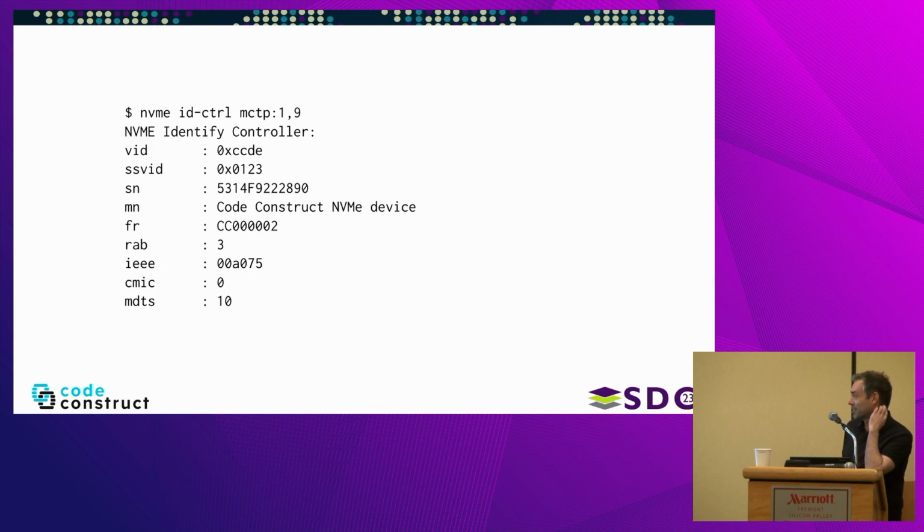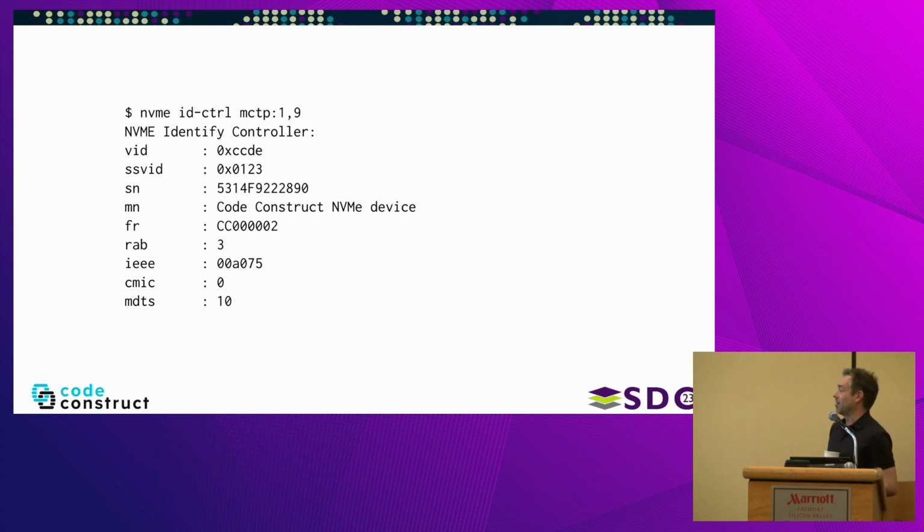So we can do things like a normal admin identify command. Again, this is running entirely over our SMBus interface and not involving the host at all. So in this case, the PCI connection to the NVMe device can be completely off, the host itself can be off, and we can issue admin interface commands to the device.